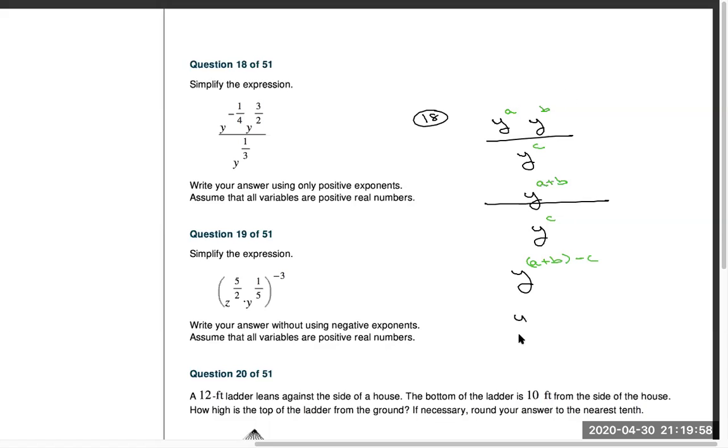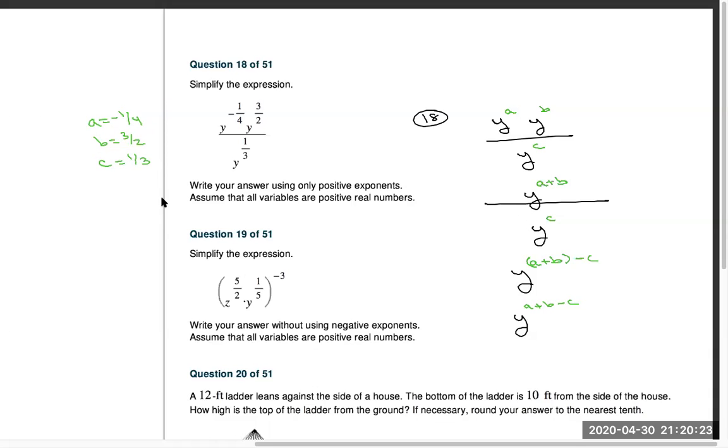So we should have y to the a plus b minus c. Note in this case, a is negative 1/4, b is 3/2, and c is 1/3.